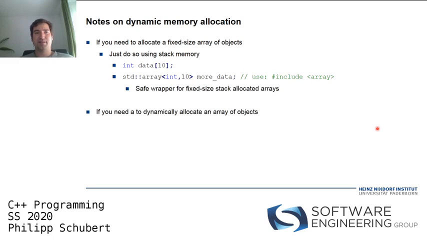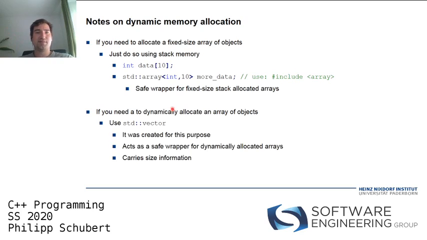If you need to dynamically allocate an array of objects, because maybe you don't know the number of objects you need up front, then rather than using the array new operator, just use the std::vector type. The std::vector type implemented in the STL is a safe wrapper around a heap allocated array.